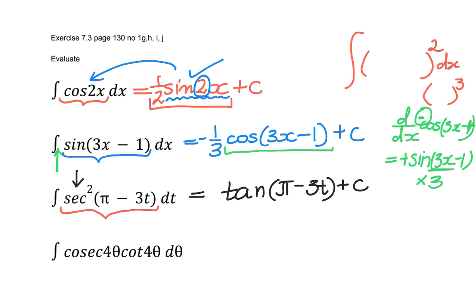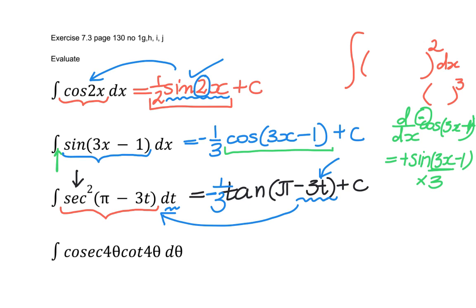Again, is that all? Obviously not, because I'm integrating with respect to t, so reversing this process, I will end up with minus 3 times sec squared. So what do I need in front of this function? I need minus 1 over 3. Is that all?